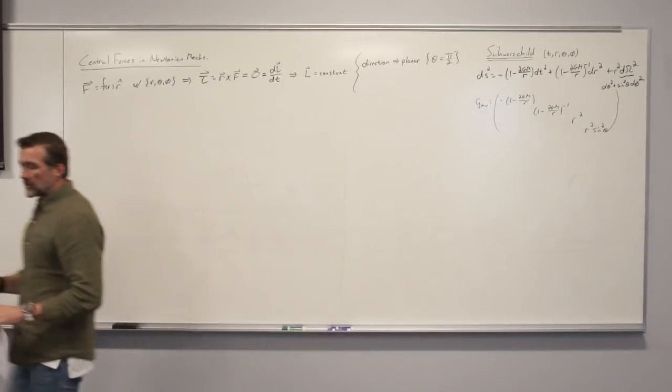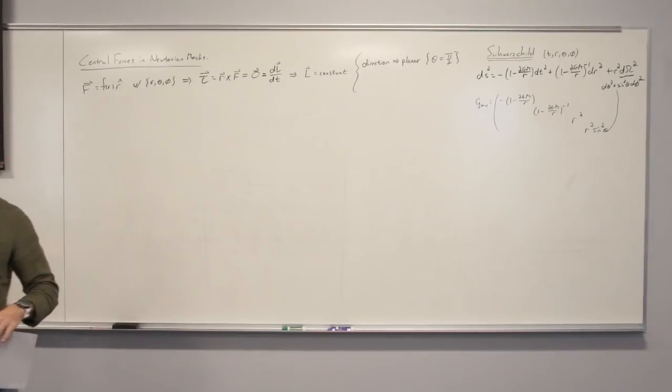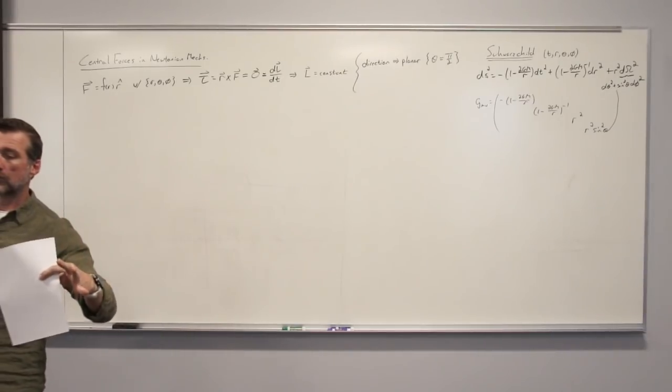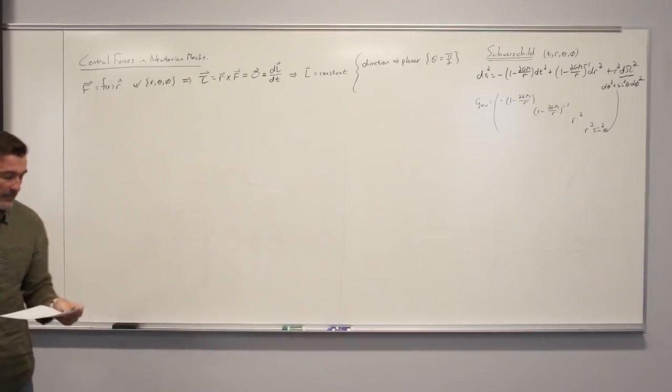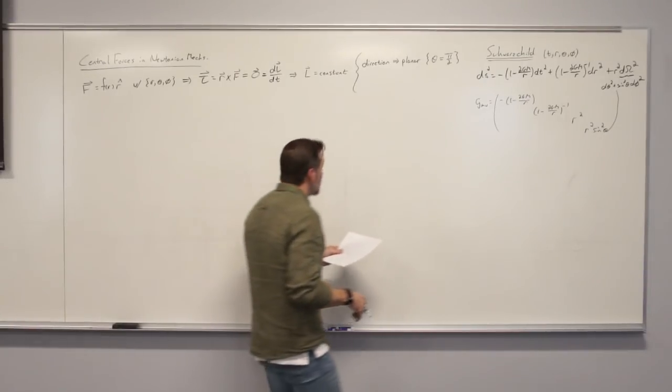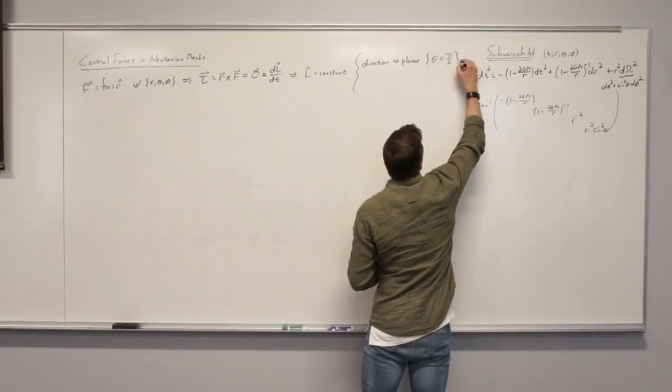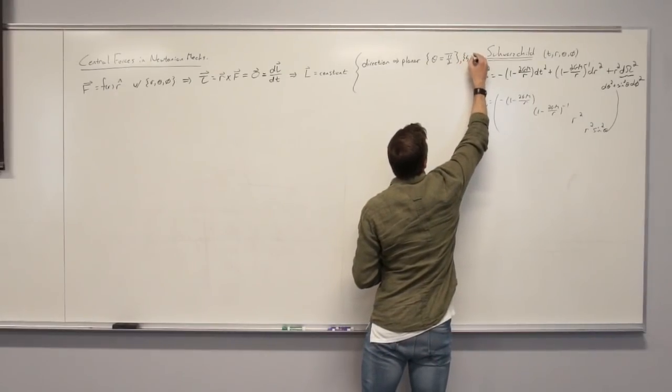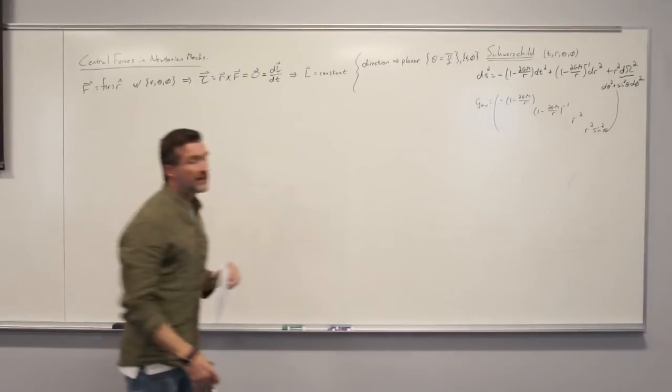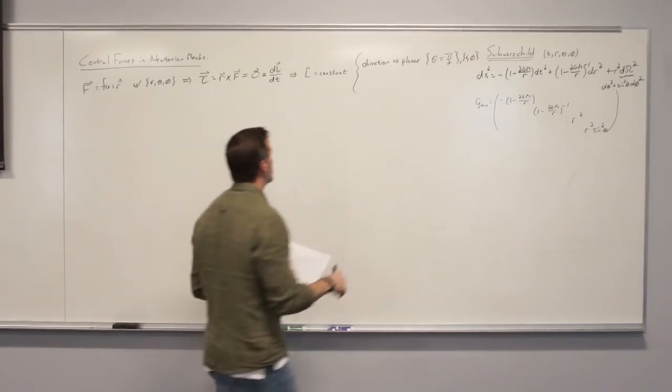We have a dynamical system, we see everything's happening in a plane, and then we define our spherical coordinates so that that plane is aligned with pi over 2. Which of course means that we're left with a description in terms of r and phi. So theta will disappear from the description because it's a fixed quantity.